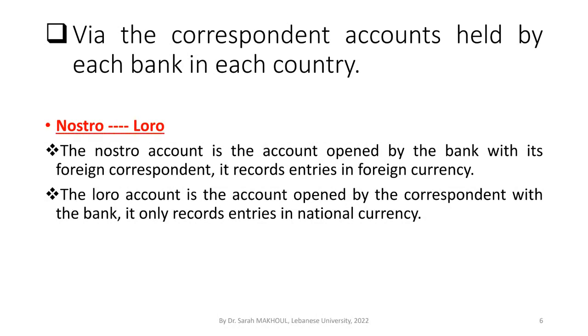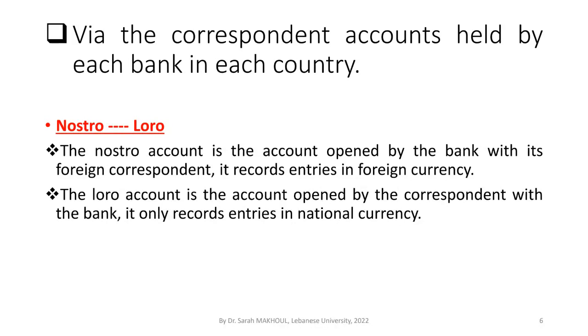When we talk about correspondence between banks in each country, we have the Nostro and the Loro. The Nostro account is the account opened by a bank with its foreign correspondent, and it records entries in foreign currencies. So if you open your account in dollars and you receive dollars in it, you are on Nostro.